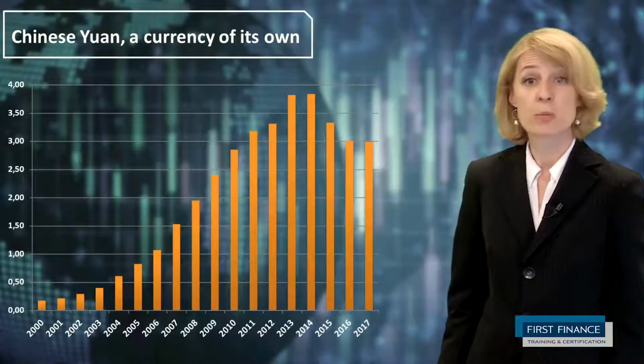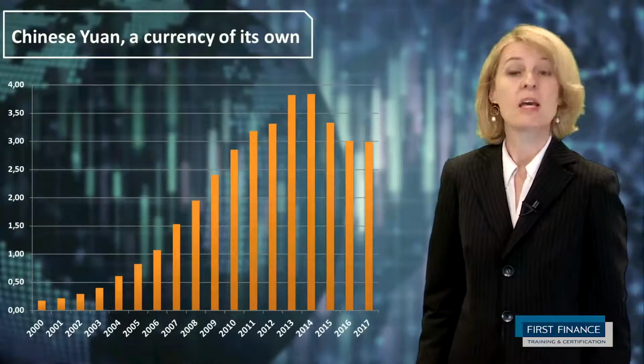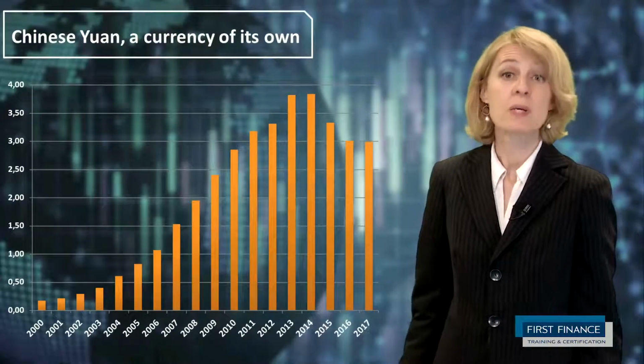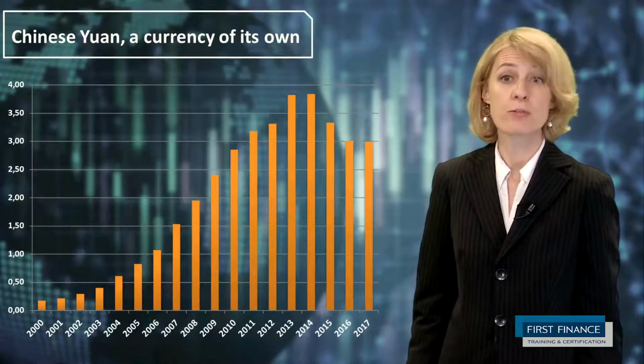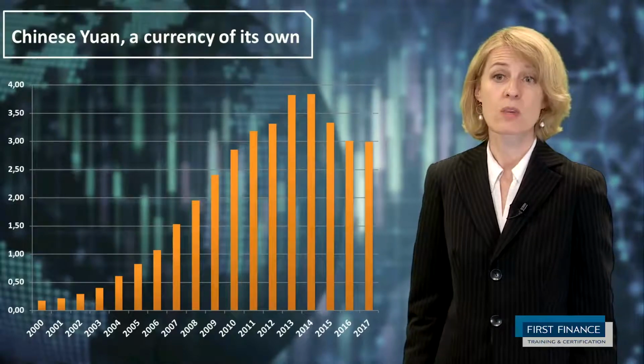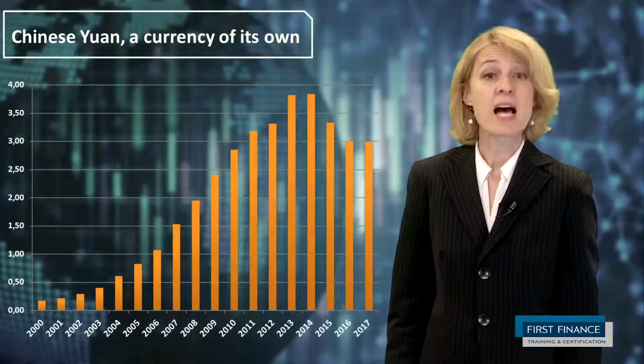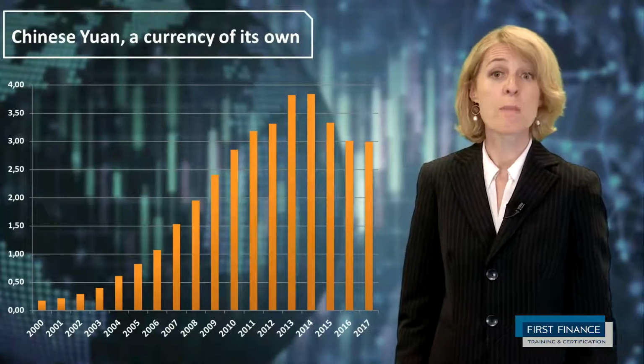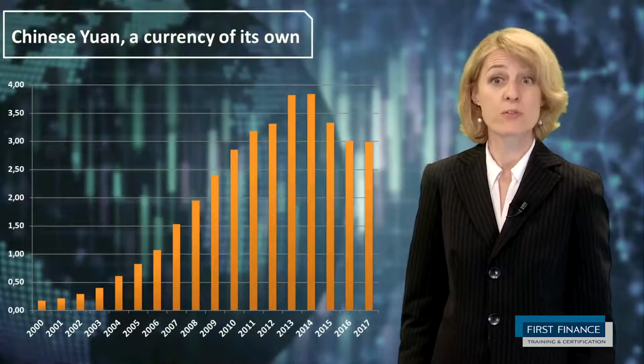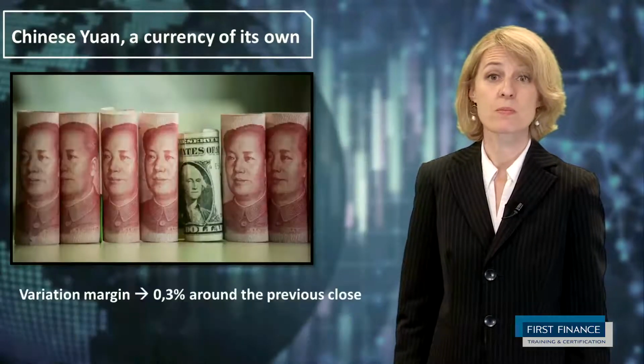Indeed, according to most economic experts, the equilibrium value should have been at a level of around 3.5 yuan per dollar. This advantage allowed the Central Bank of China to amass a real war chest with its foreign currency reserves.